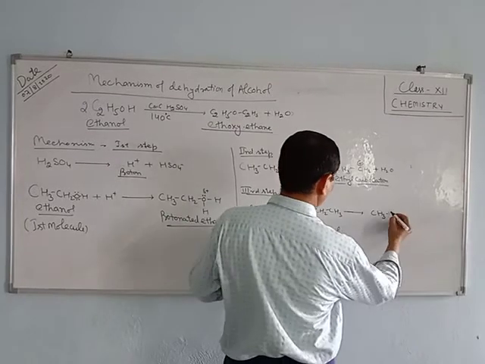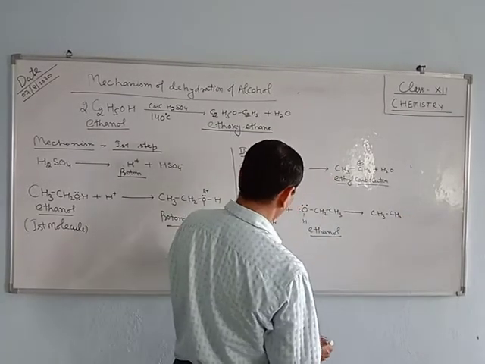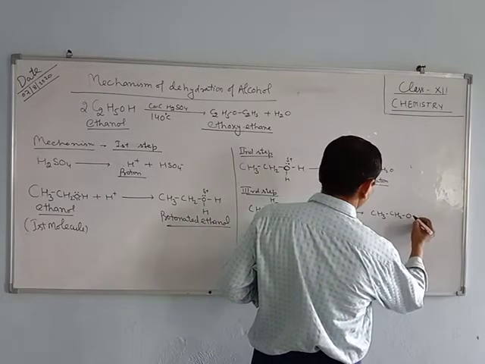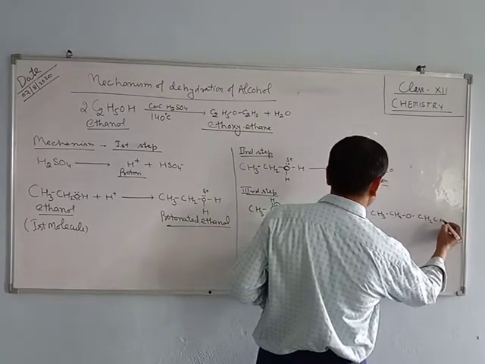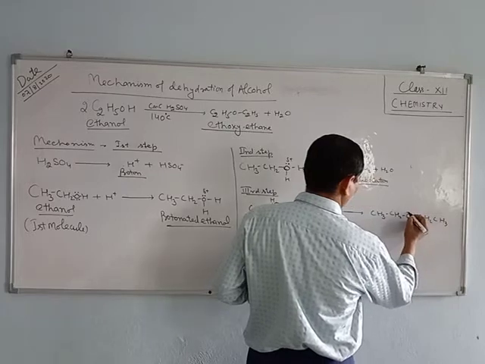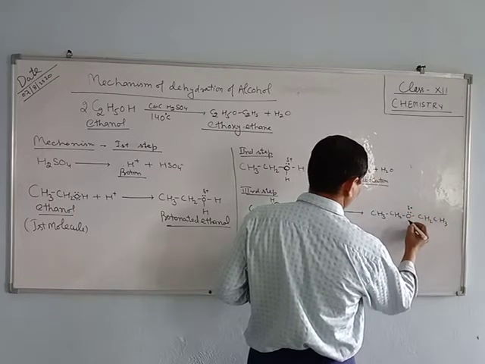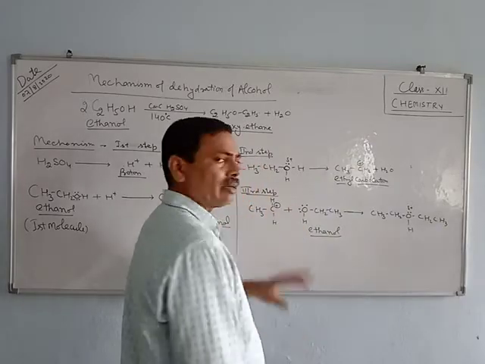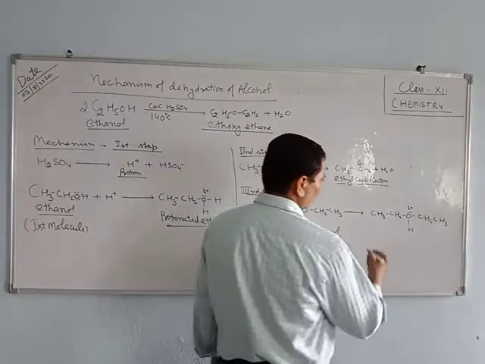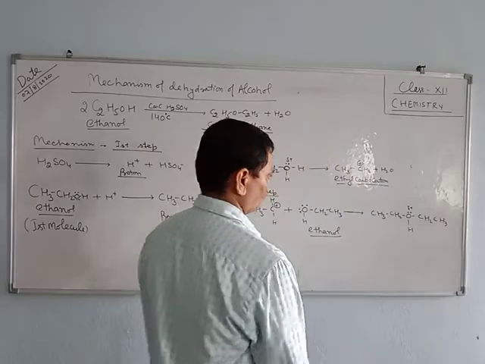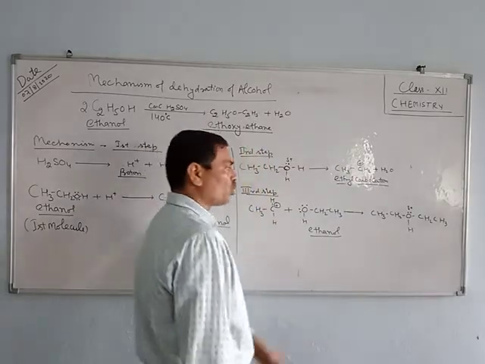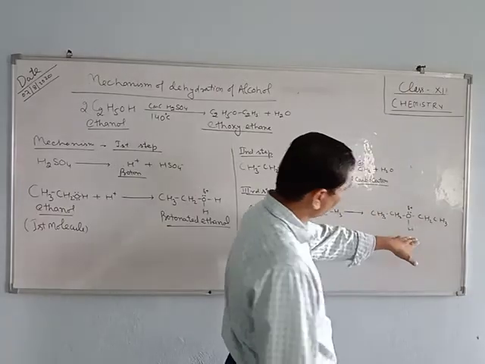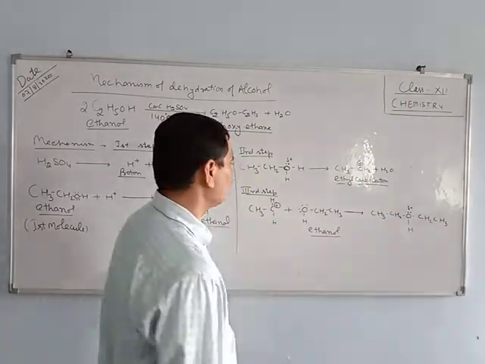This carbon will react with the oxygen atom of OCH2CH3. Now there is a deficiency of one lone pair of electrons, because this will be bonded to this carbon atom. This oxonium ion is formed. You can say this is protonated ether or oxonium ion.